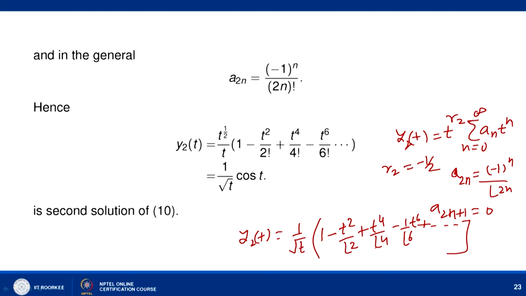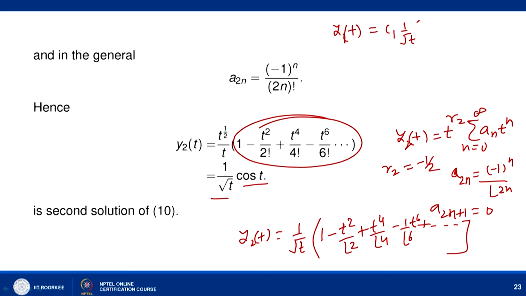So this is 1 upon root t, and in the bracket it is the formula of cos of t. So y2 of t is 1 upon root t cos of t, and this is our second solution of Bessel's equation of order half. We can write down the general solution y of t as c1 times 1 upon root t sin t, plus c2 times 1 upon root t cos t. So this is our general solution of Bessel's equation of order half.